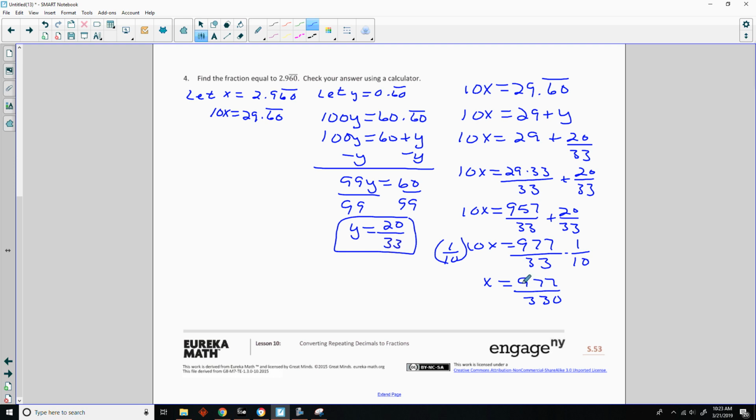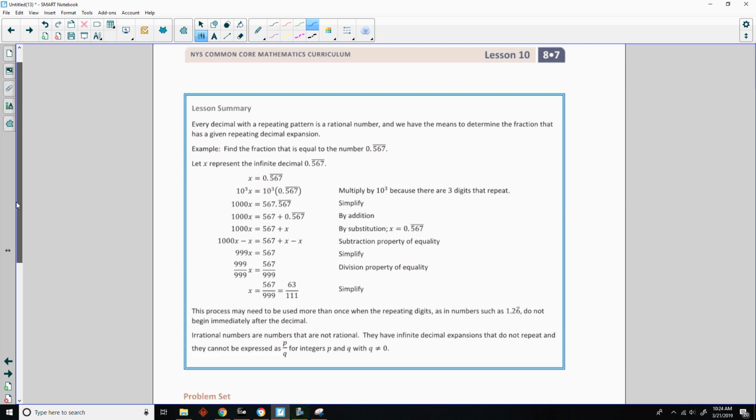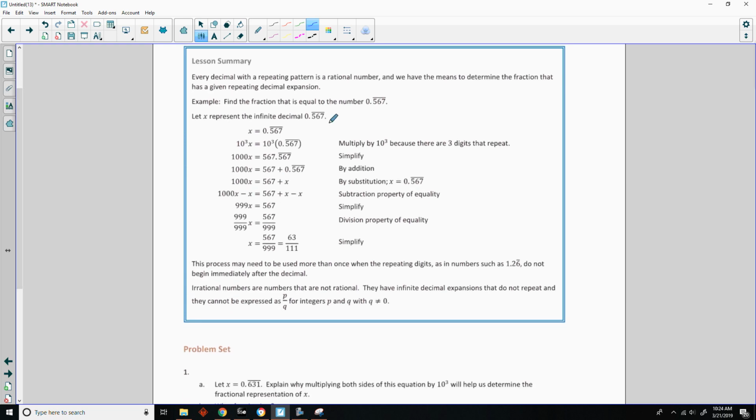So that means, therefore, 2.960 repeating equals 977 over 330. Okay, that is the end of lesson 10. Review the lesson summary, which gives you an example, and go do your problem set.